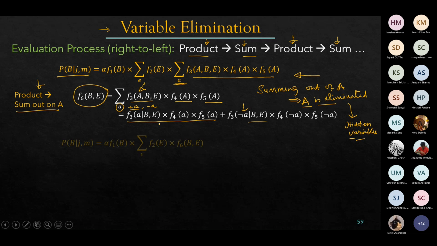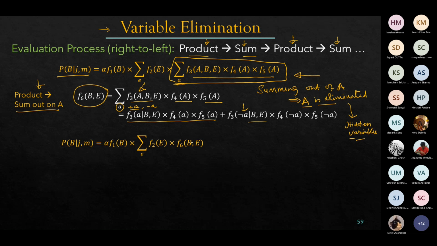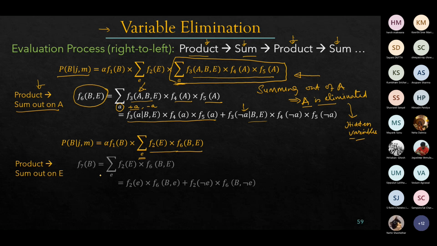Now, what is the resulting expression we have? The resulting expression has this entire summation replaced with F6(B, E). Now, what will we be doing? We will be performing this product and then summing out on E. So what kind of expression will we be evaluating?